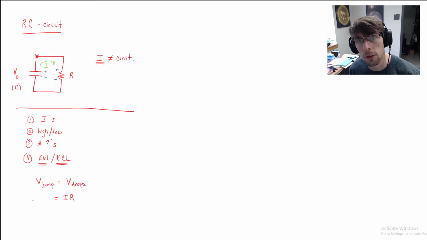So here's what I should ask you. Pause the video, come up with it. What's the general expression for a potential drop across the capacitor? You got it? Good. So the potential across the capacitor, way back when, we defined capacitance as being the charge on the capacitor divided by the potential difference between the two capacitor plates.